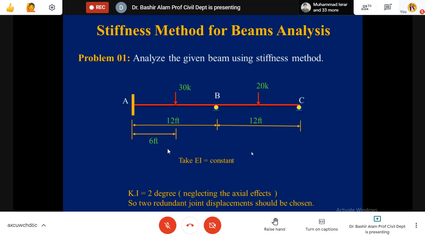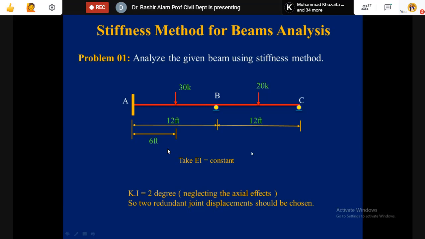Sir, we will make B and C fixed. Very good. And what will we be stopping? We will be stopping rotation at B and rotation at C while doing that. Okay, that's very good.